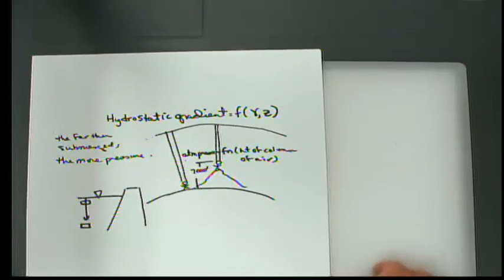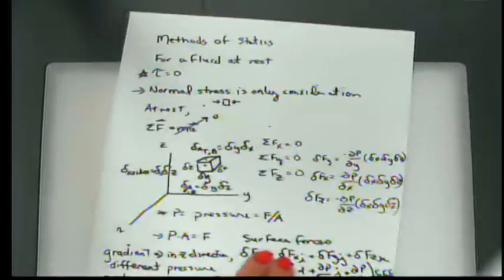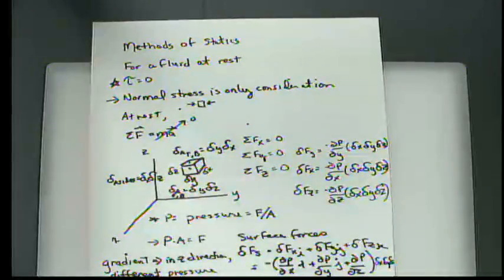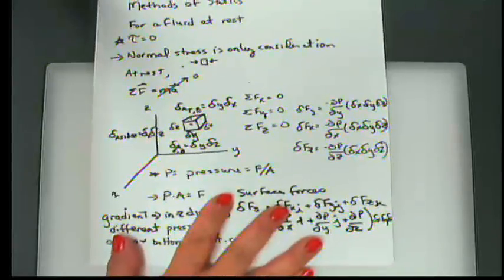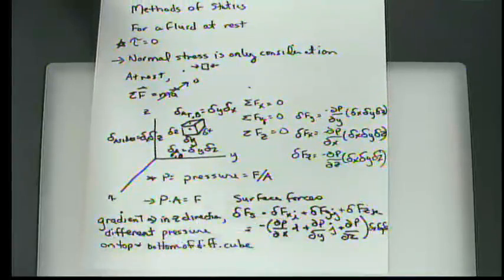Right. So continuing on with this idea then, let's see if I've got everything up here the way it needs to be. There we go. So if we have this difference in pressure between the top and the bottom of the cube, we can account for that, and we can develop an equation that's going to give us a resulting force acting on the element.